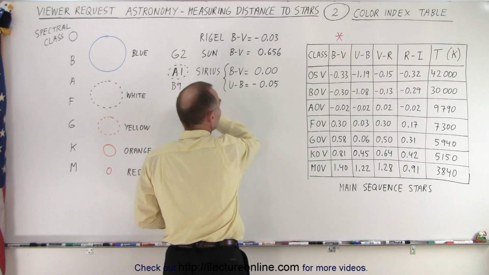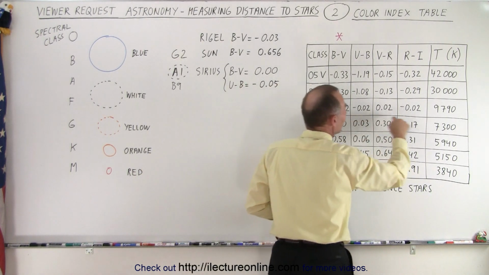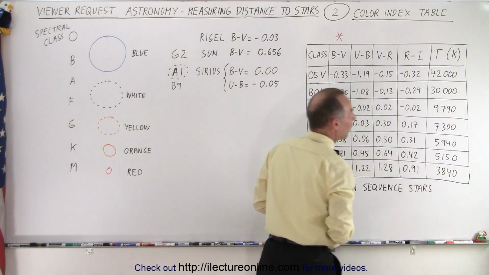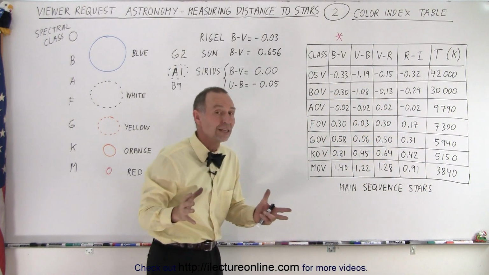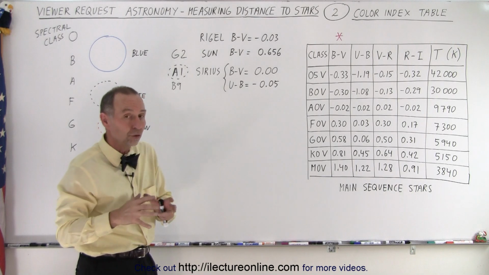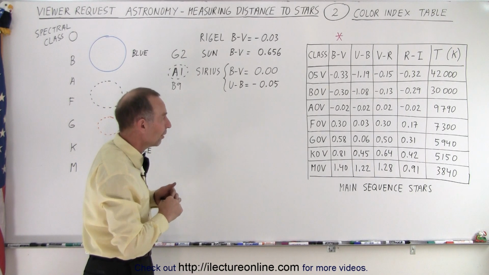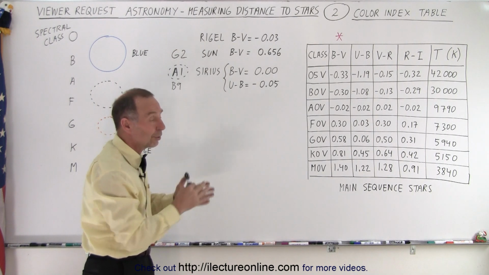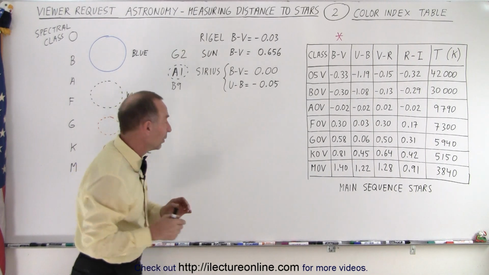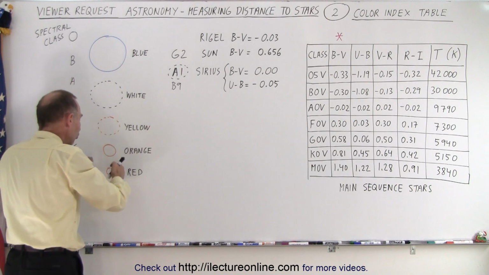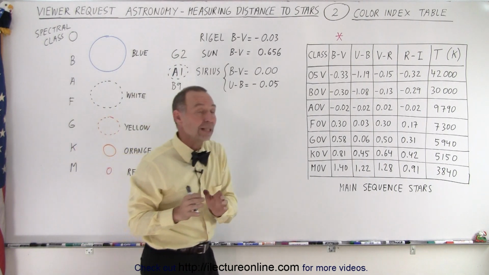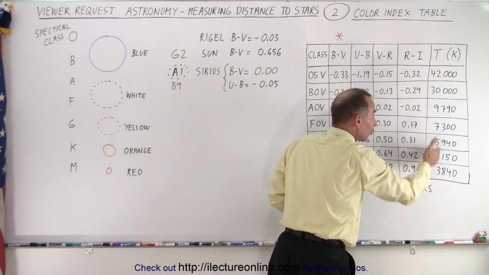And if we take a look at Sirius as being an A1, that means that the temperature of Sirius is somewhere around 9,750 Kelvin, which is very close to the predicted or actual calculated value of the surface temperature of Sirius. So you can see that the color index gives you a really good idea of what kind of star you're dealing with, and it gives you a good idea as to what the surface temperature of the star is.